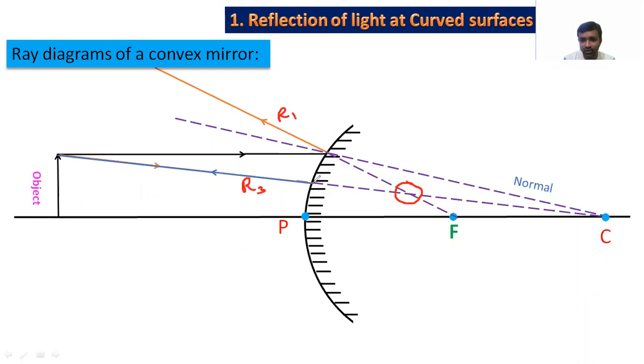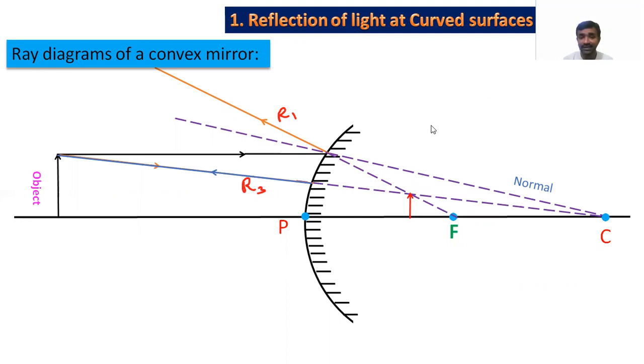In the backward direction, you will get where they coincide. That point lies behind the mirror. From there, we draw a perpendicular onto the principal axis. That is the image point. So here you obtained an image point behind the mirror.